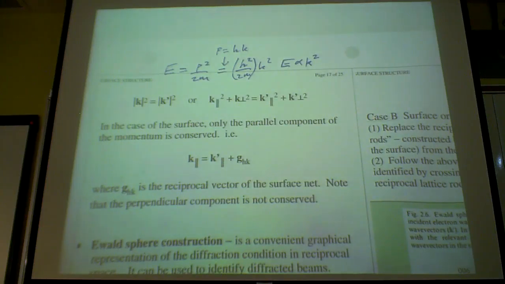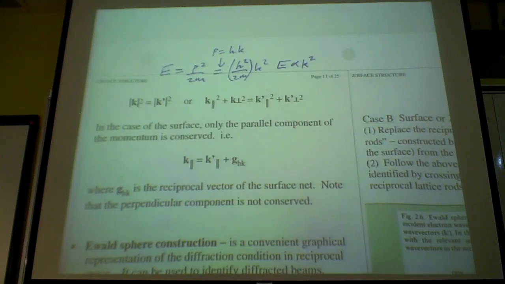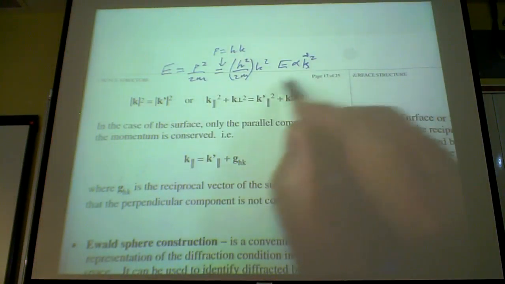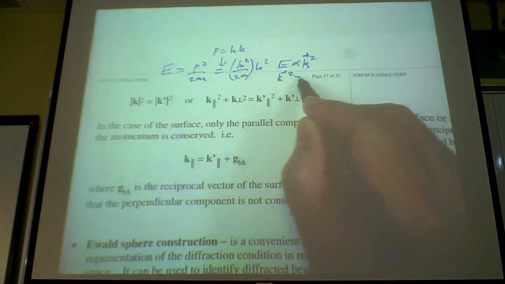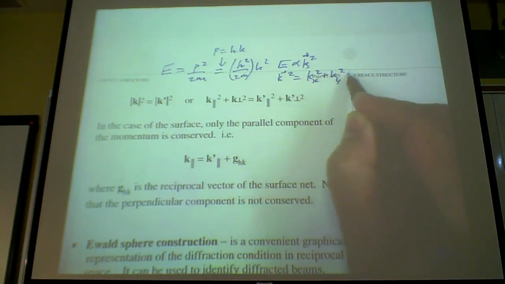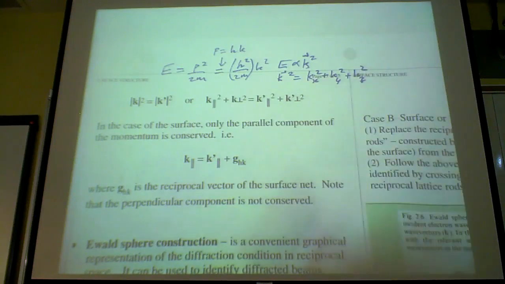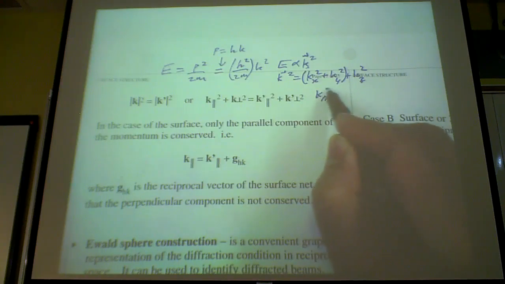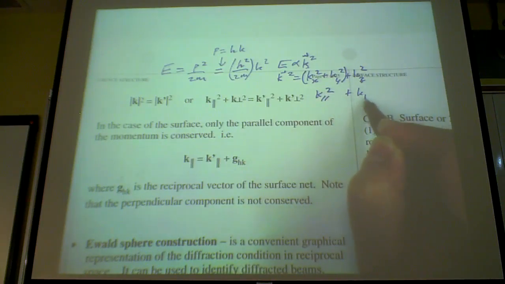Alright, and so you can expand this. Of course, this is a vector, so you can write this vector squared as what? As kx squared plus ky squared plus kz squared in 3 dimensions, and you call this one k parallel squared plus k perpendicular squared.